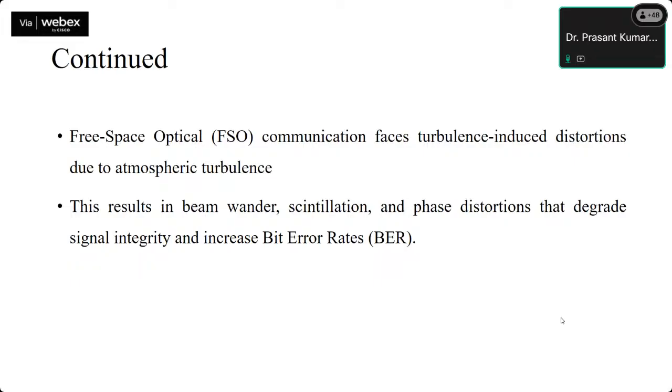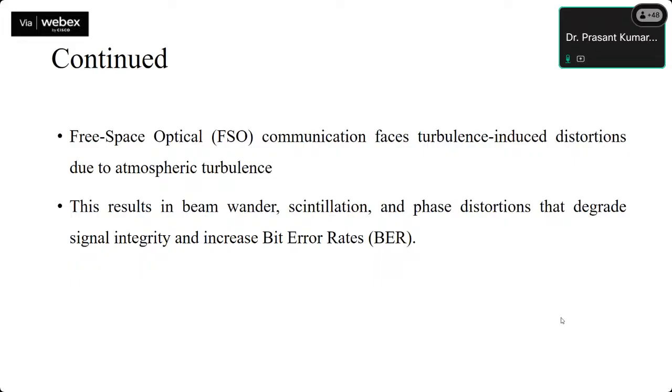So 10 to the minus 12 is strong turbulence, and 10 to the minus 15 or minus 17 is categorized as weak turbulence. This turbulence one can model mathematically, to see what the worst possible scenario is, and what actions can be taken so that these turbulence-related effects can be mitigated. That needs to be worked out by means of a mathematical model, and then implemented.